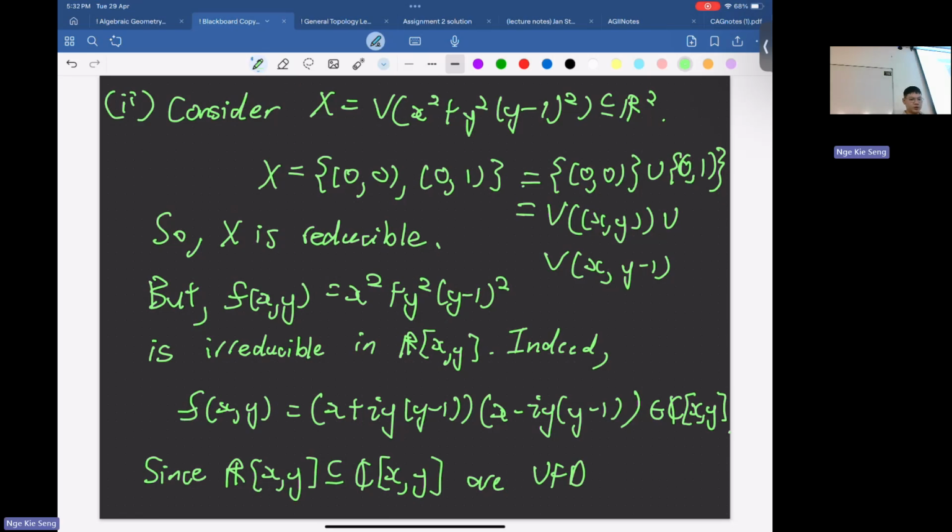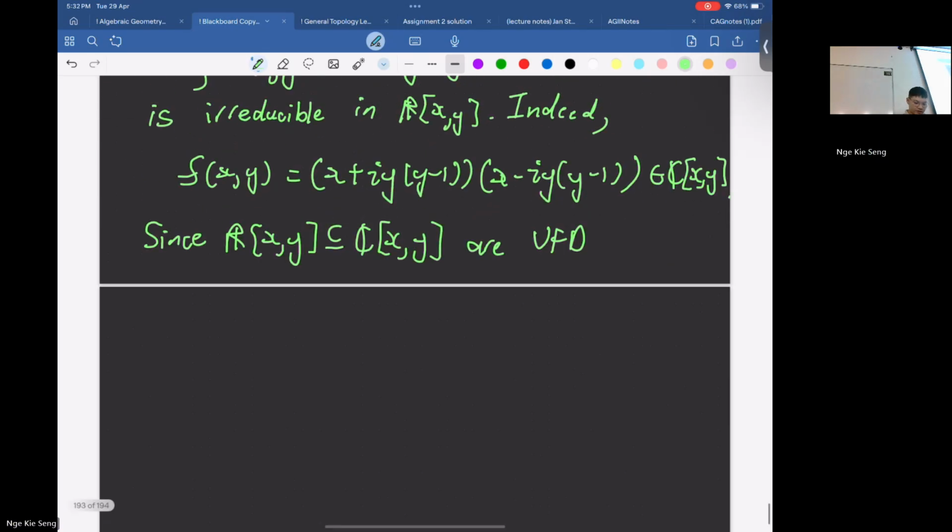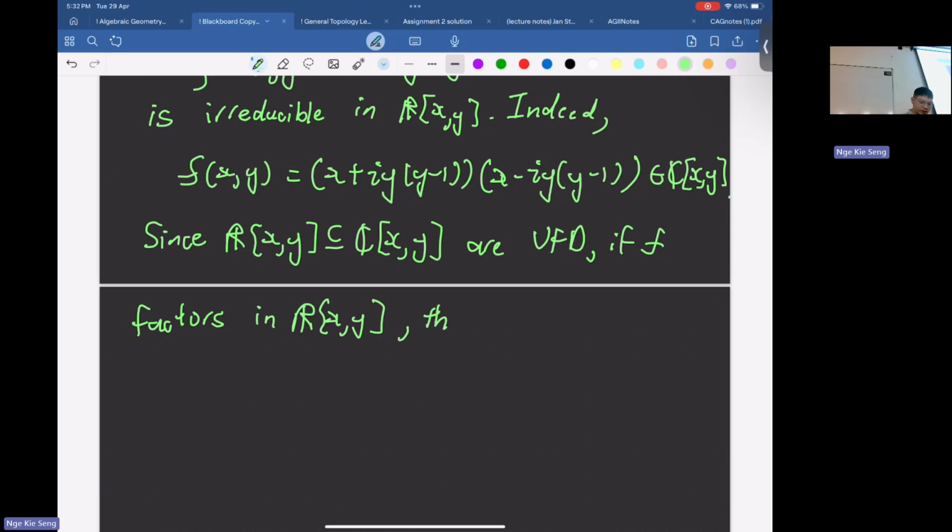They are UFDs. So meaning what? If f factors in R[x,y], then the decomposition must agree, up to some constant multiple.